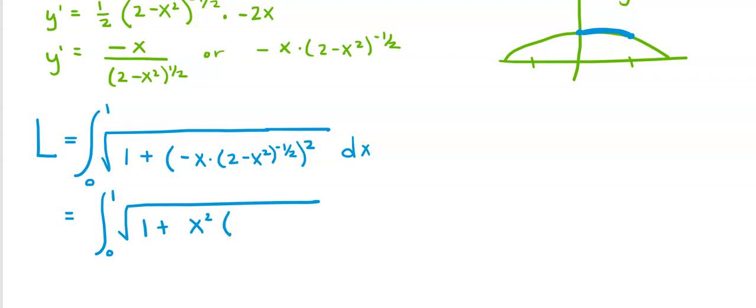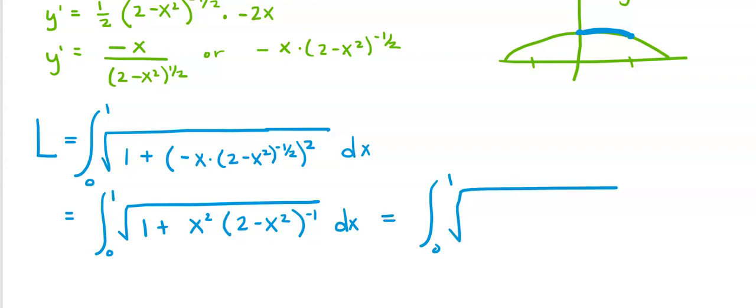So that's going to become 2 minus x squared to the negative 1st power. Okay, so let's take a moment and rewrite that. So some of the items are going to need to go in the denominator, and some of them will stay where they are.